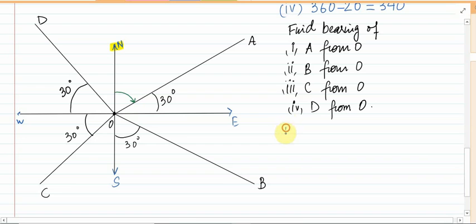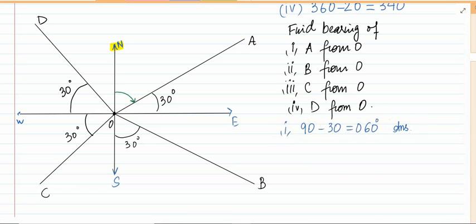So first answer, 90 minus 30, it is 60, but it must be in 3 digits, so that is your first part answer. I hope that most of you have attempted the first part, and I hope that all of you have done it right. Next part, B from O, the same strategy.